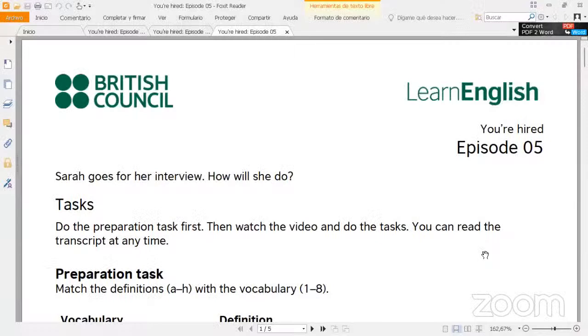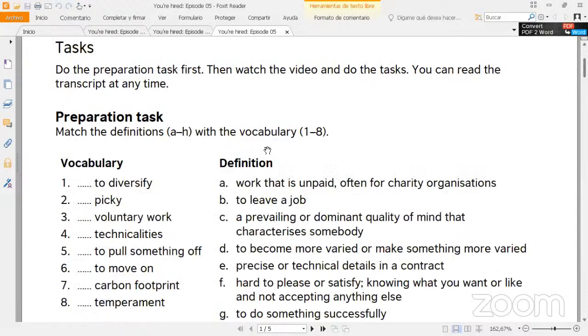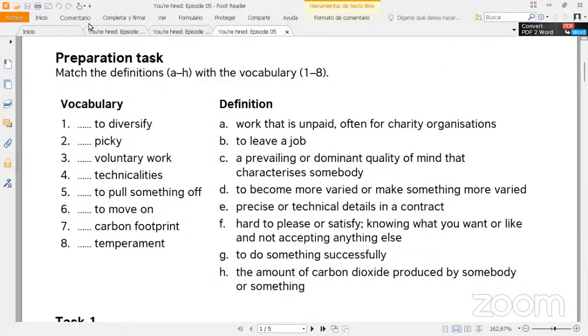Let me show you my screen. Now, we talked about Daniel. Let's talk about Sarah. Sarah goes for her interview. How would she do? So before we do that, we have some vocabulary to diversify.